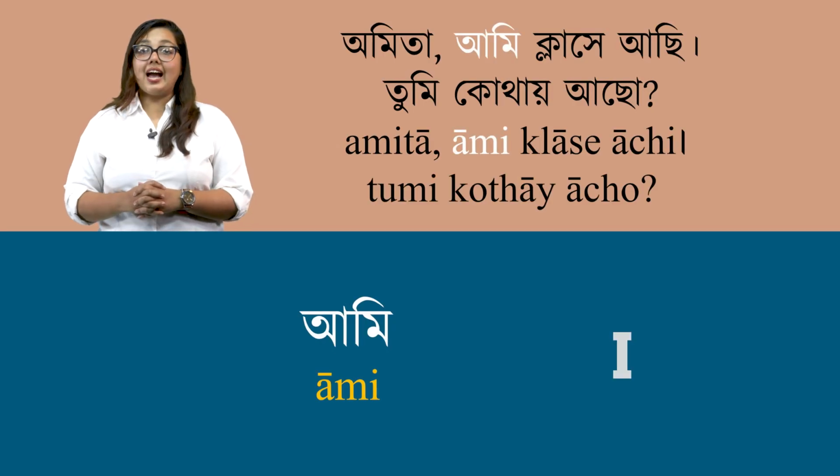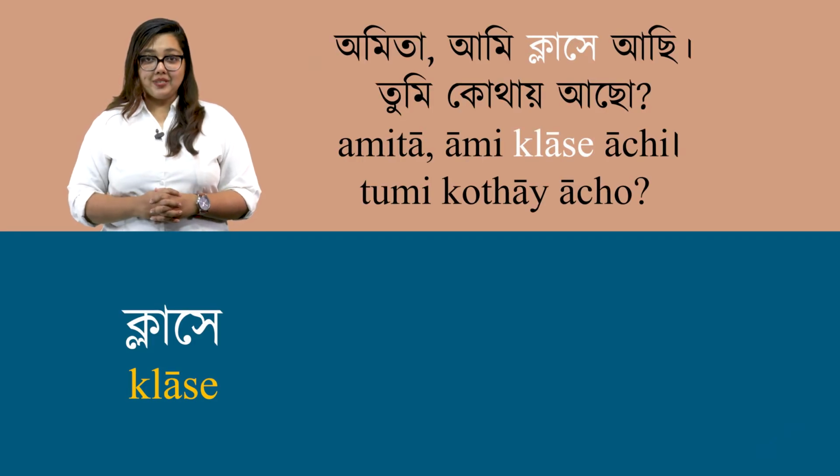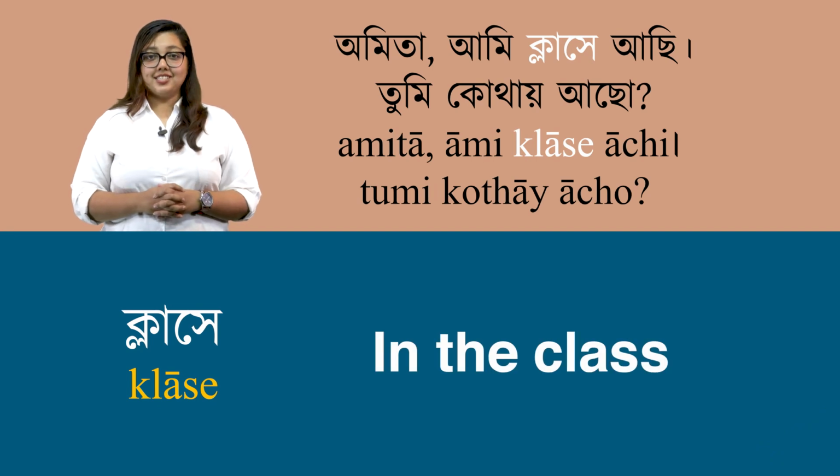Let's go through each part of the conversation to understand how the Bangla pronouns work. The pronoun used in the first sentence is ami. It is the first person pronoun in singular number. If we recall the first lesson, we will know that ami means I in English. Here, ami is followed by classe, which means in the class in English.